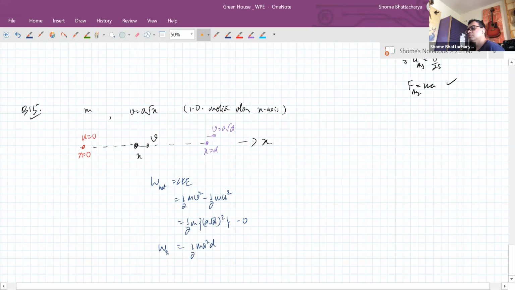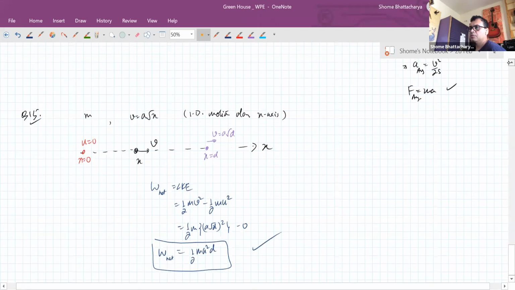This should be work done by all the forces. Okay, so Smriti, hope this is clear. I'll go back to the 14th one. You can write it down and we'll come back to 15th.